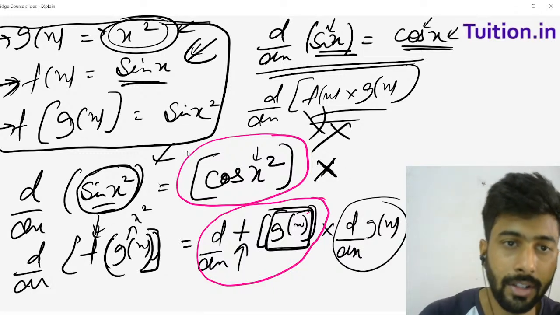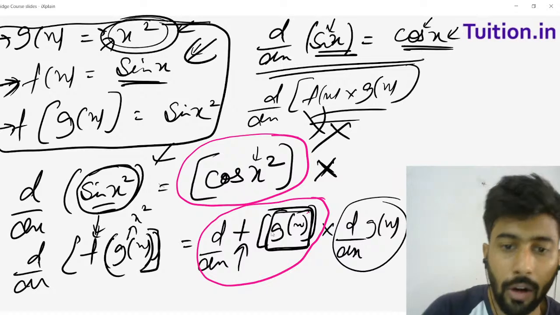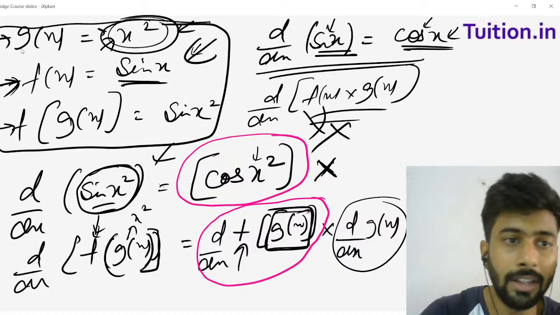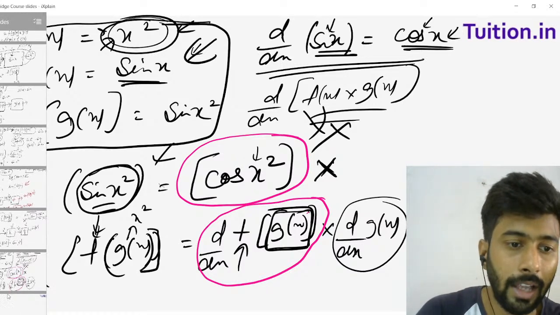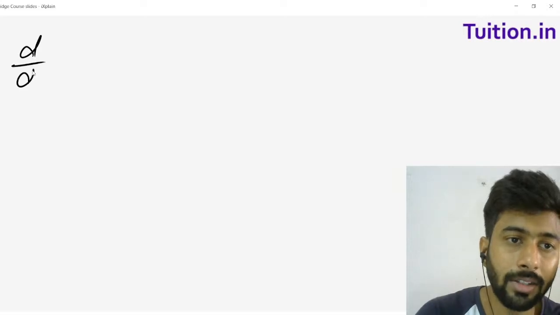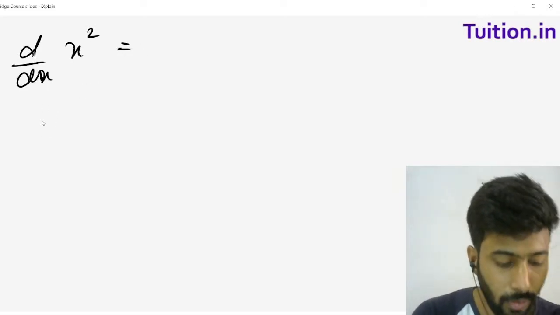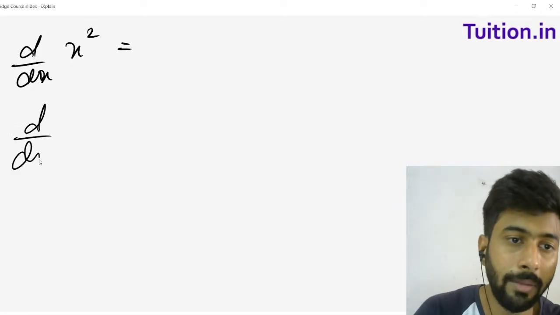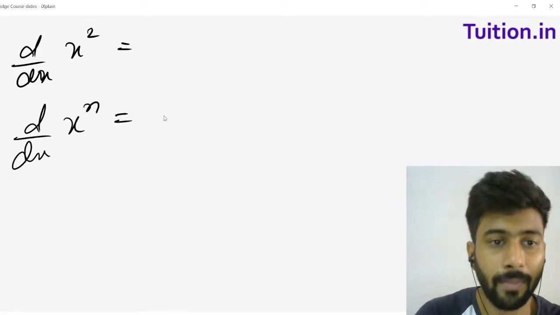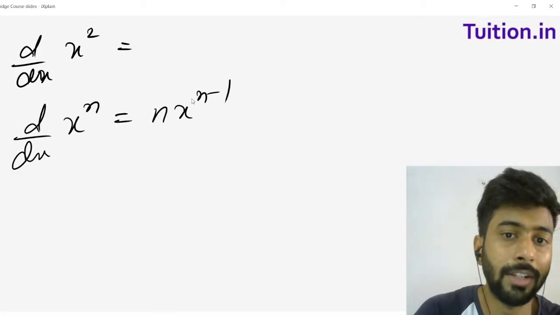What is g of x? X square. How do you differentiate x square? Have I given d by dx of x square in the list? Well, if you look at that list closely, there is a formula d by dx of x power n, and the formula is n into x power n minus 1.